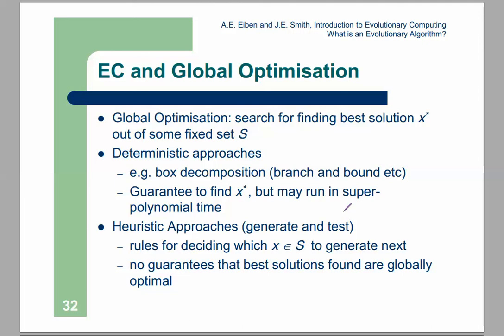EC is an optimization method that searches the search space to find the best solution for a problem. If a problem has a special solution in mathematics, we don't need EA.